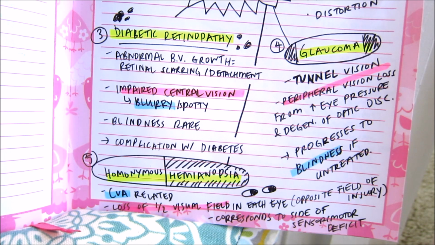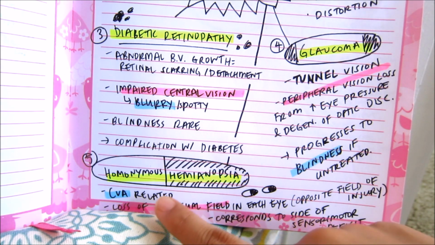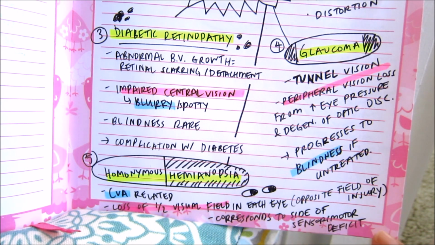The last one I have here, I kind of had to just cram in, but I wanted to give it a little shout out because it is still part of like the vision conditions, and I feel like it sometimes gets overlooked. This is homonymous hemianopsia, and this one is CVA related.